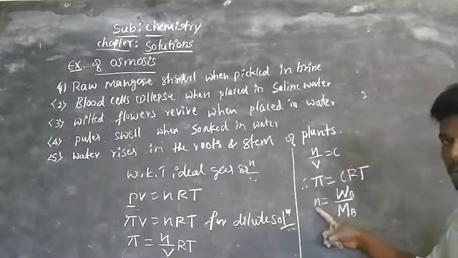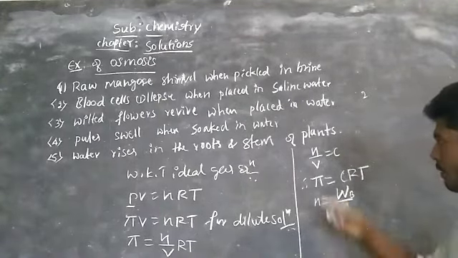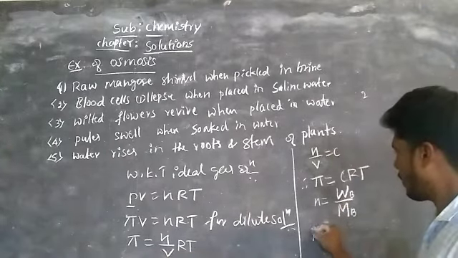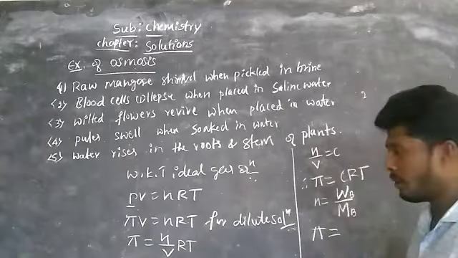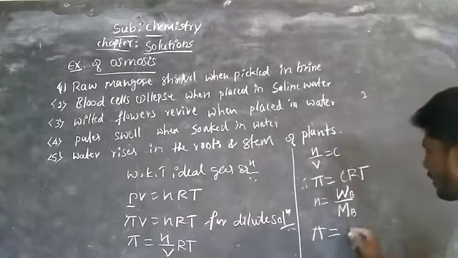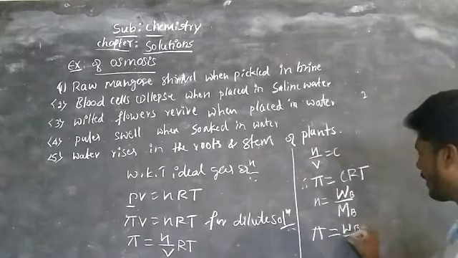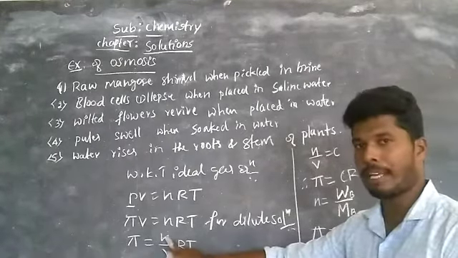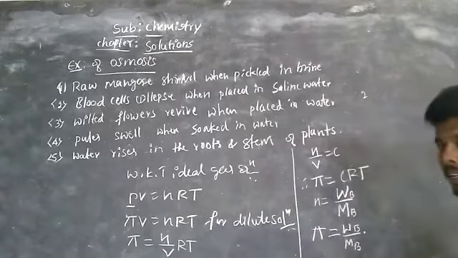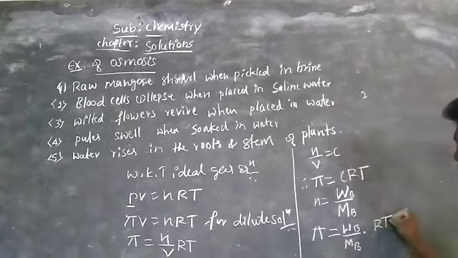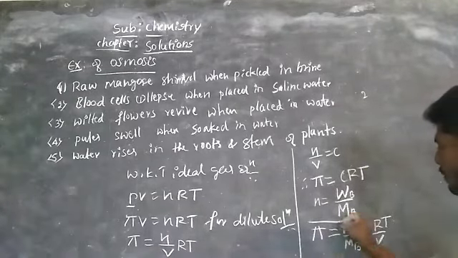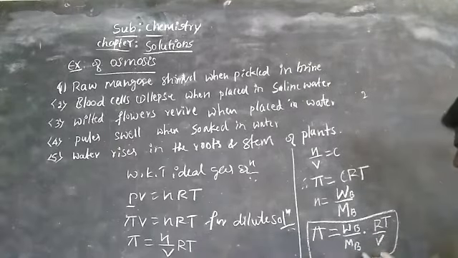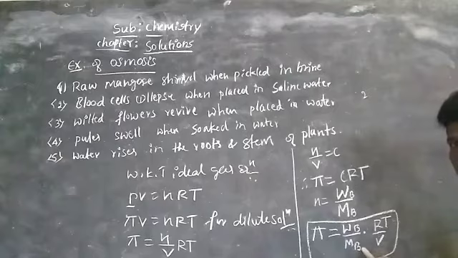It means the number of moles of solute. Therefore, substitute in the equation: pi is equal to n, which is W_B divided by M_B, into RT divided by V. This is the final equation to determine the molecular mass of a solute.